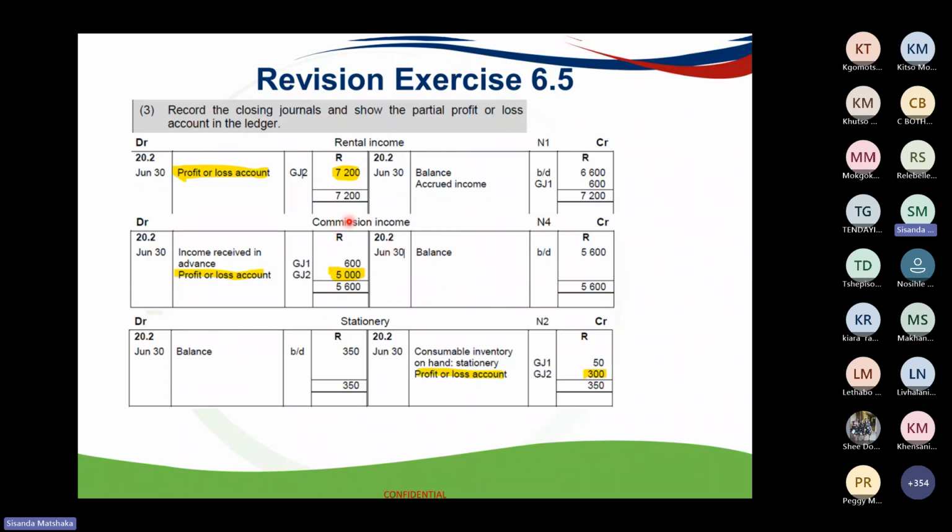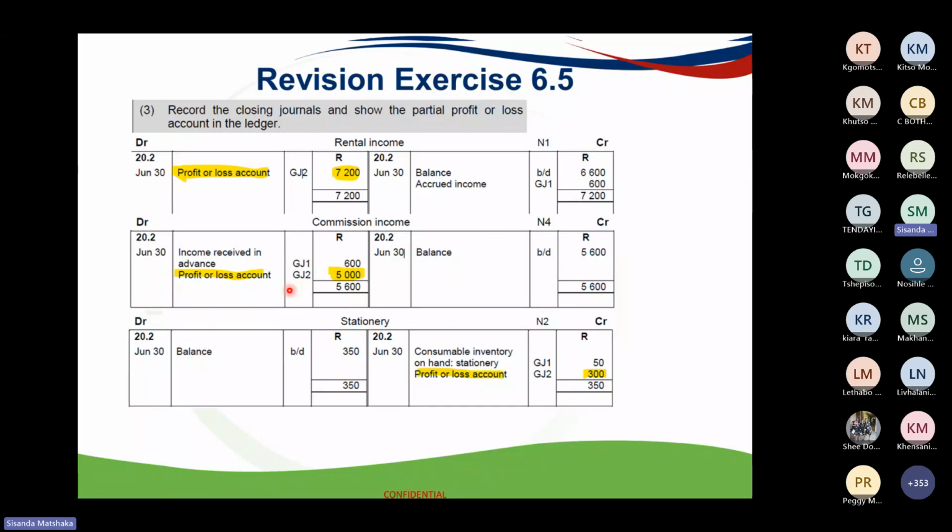The same principle would then apply to your commission income. Here again, as we discussed, it is a credit balance, because it reflects income. There we had a 5.6 balance that we had brought in as at the end of June.